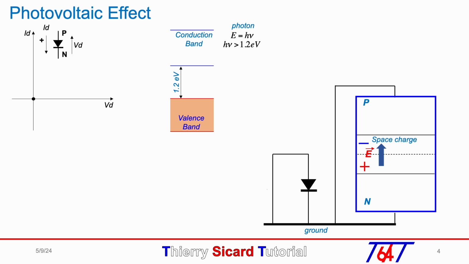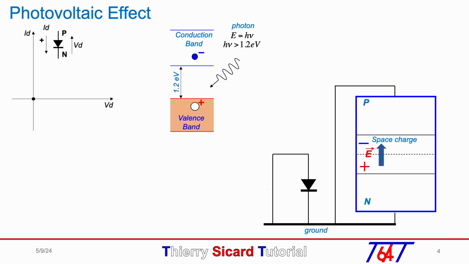If a photon has an energy higher than 1.2 electron volts, the photon energy will be transferred to the electron. The electron will jump into the conduction band with more energy, leaving a lack of electron, or hole, in the valence band. The electron with higher energy in the conduction band cannot stay there if there are no more photons.